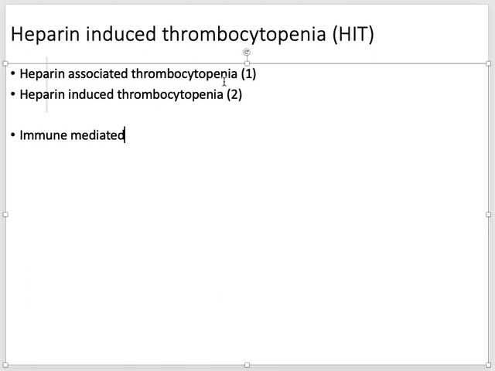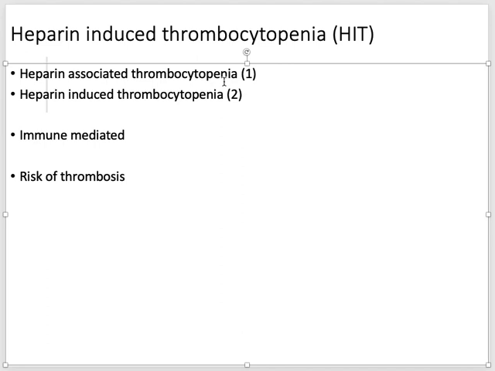They lead to the activation of platelets, or in other words, the activation of the coagulation system. So there is risk of thrombosis in the patient.